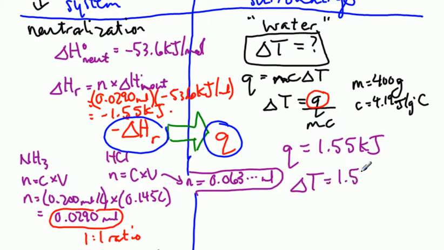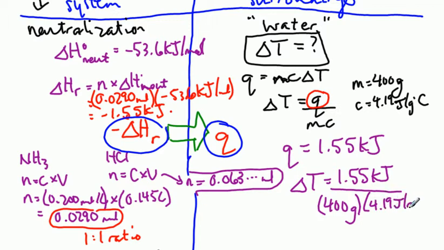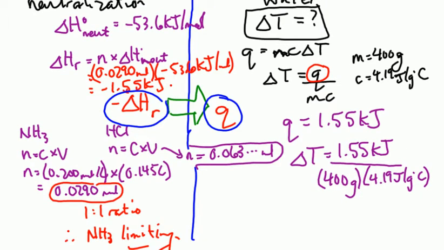We have 1.55 kilojoules divided by the mass, 400 grams, and the C value, 4.19 joules per gram degrees Celsius. I see one problem with that, and that is our units. Because we have units of joules down here, isn't it a good idea to write down units?